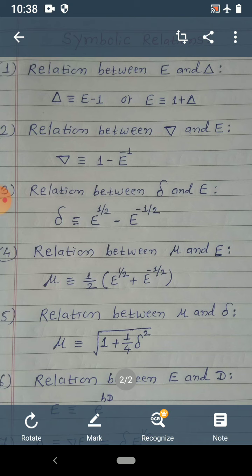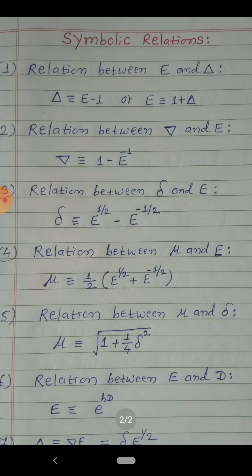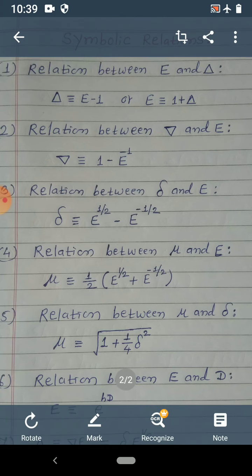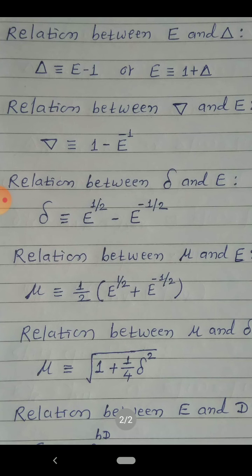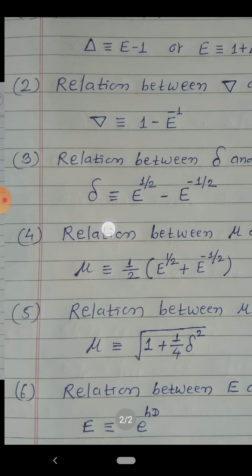You have to remember this, which is used in some next articles. Then the next relation, which is between the backward difference operator del and the shift operator E. The relation is del is equivalent to 1 minus e raised to minus 1.